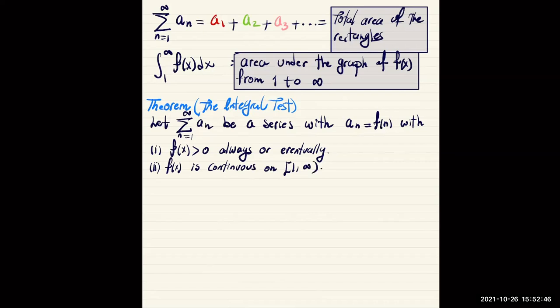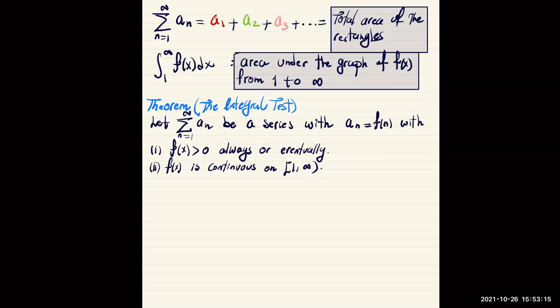Okay, 1 to infinity because our series here begins with 1. And we need continuity, guys. We need f to be continuous because we are going to be doing its integral. If the integrand is not continuous, then you can't use the fundamental theorem. The integral is not going to exist if the integrand is not continuous. Okay, so that's one thing.